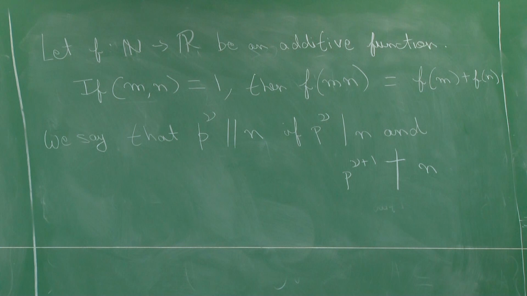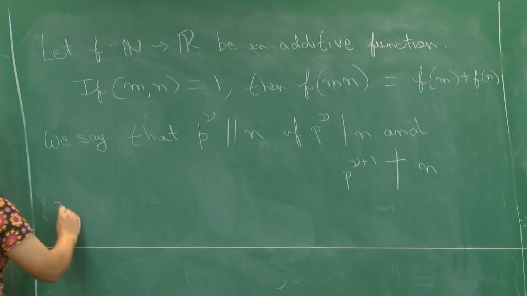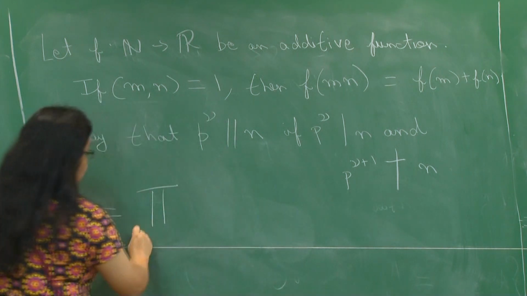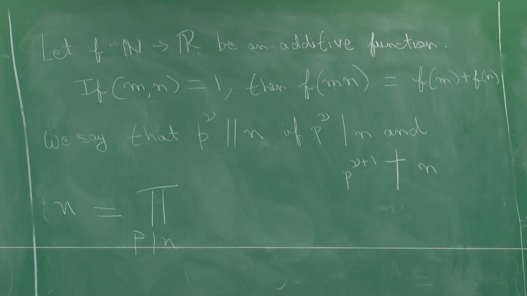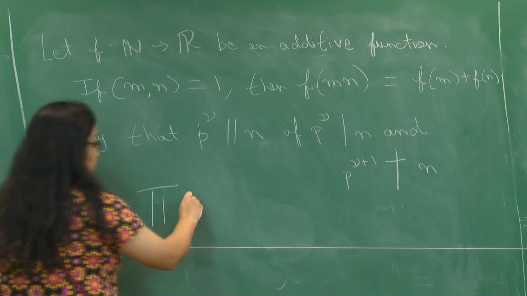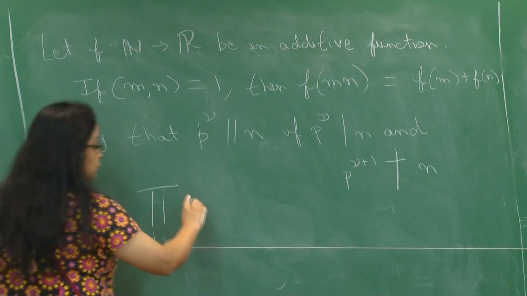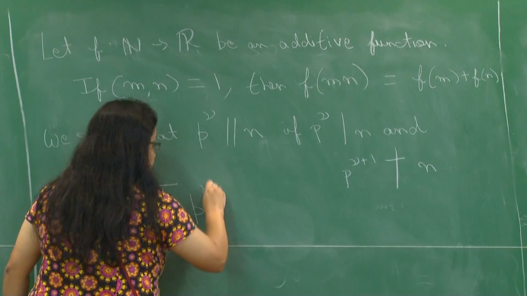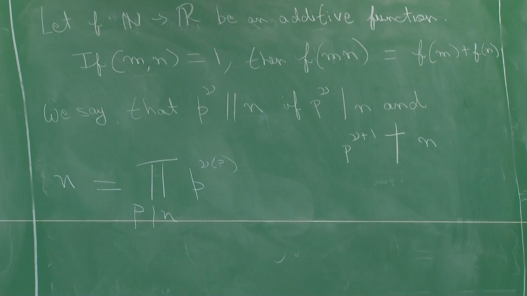Okay. So, using this notation, you can write n to be equal to the product over all the primes of p raised to the nu. We need to specify the power for each prime. Let us call that nu of p, corresponding to n.